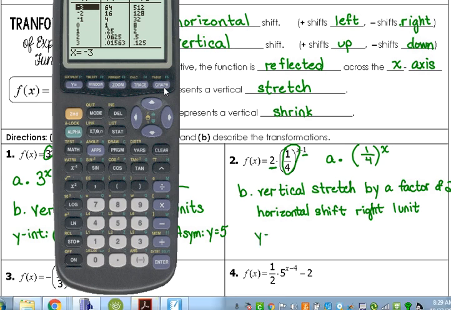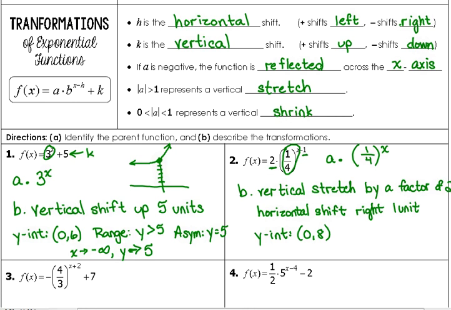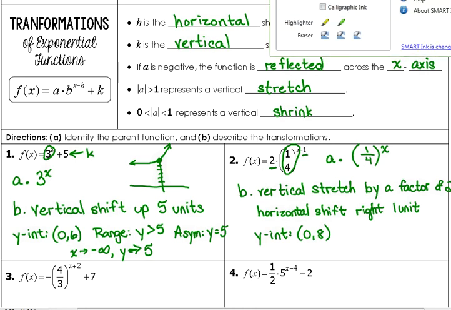So the y-intercept did change. But really, that's the only thing that we've been identifying that has changed for this one. Everything else would remain the same because we didn't do any up or down shifting. That's really what changes things for this one.